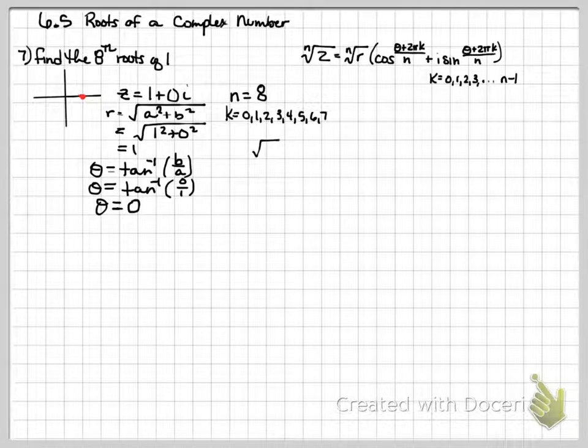I want the eighth root of r, and r was 1, times the cosine of 0 plus 2 pi, and we're going to start off with k of 0, divided by 8, plus I sine of 0 plus 2 pi 0 over 8.